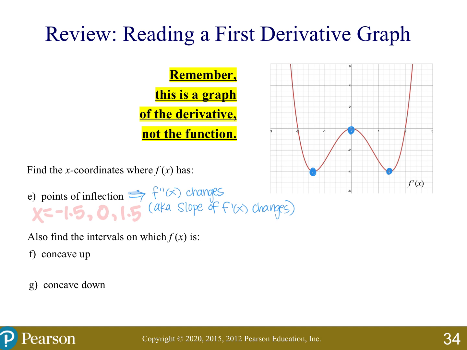And we can find the intervals on which f of x is concave up when we go to the definition of what it means to be concave up. The definition of concave up is when f double prime is positive, in other words, the slope of f prime of x is positive.